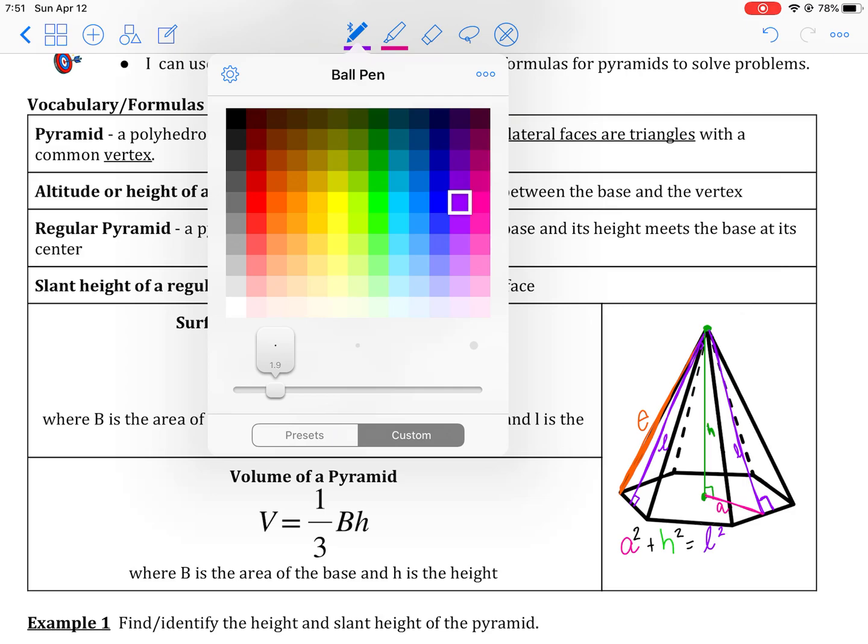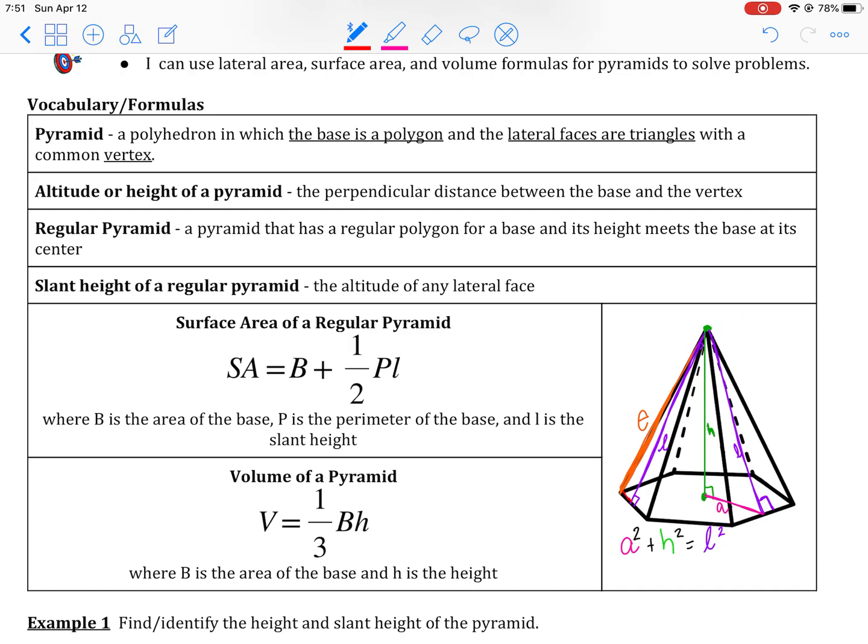Since it's hitting in the middle, that would use half of the side length. They all have the same side length, so this would just be half of it. So if I was doing the Pythagorean theorem with a side length and an edge length, that would be one-half s, so half the side length squared, plus the slant height, which is a leg in this right triangle, so leg squared.